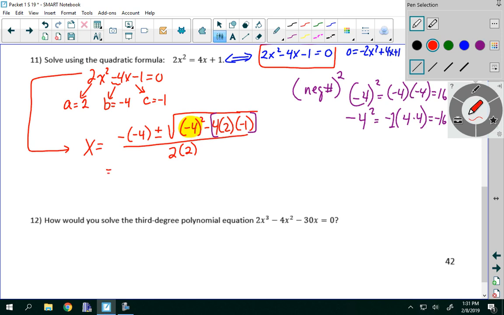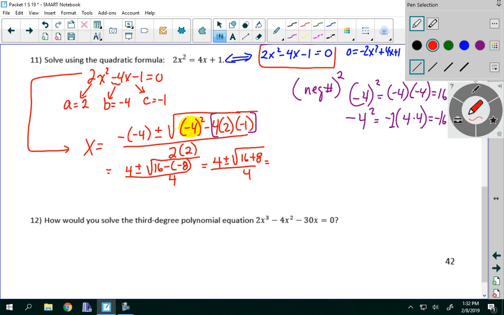So this equals 4, the opposite of negative 4 is 4, plus or minus the square root of 16 minus a negative 8, all over 4. This is 4 plus or minus the square root of 16 plus 8 all over 4.